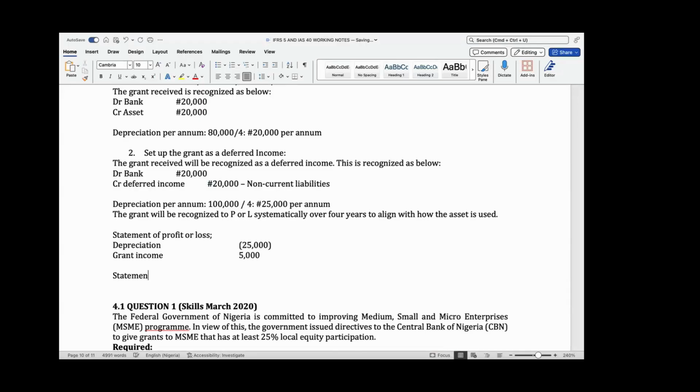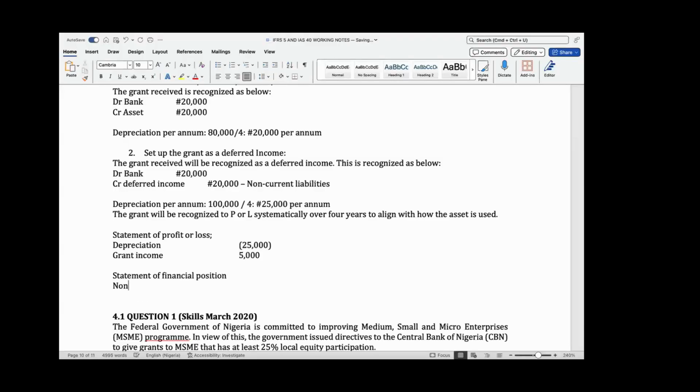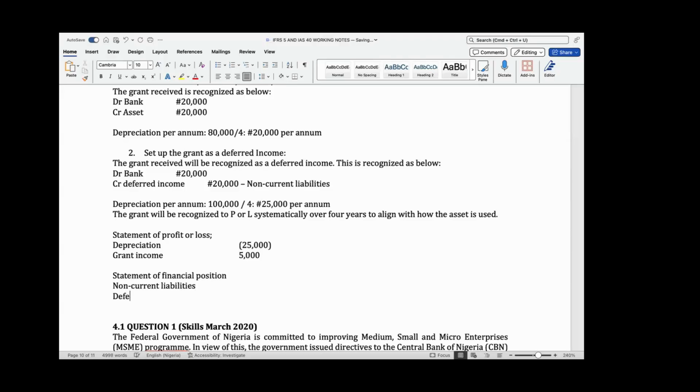In my statement of financial position now, under my non-current liabilities, I will have deferred income, 15,000. Let's assume this is year 1. In year 2, your depreciation still remains 25,000. You recognize another grant. In that case now, your deferred becomes 10.